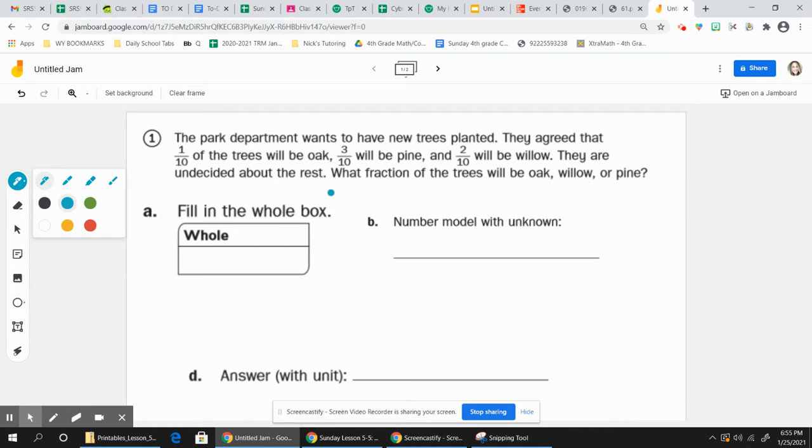So the first thing that we can fill in is the whole. So the whole is going to be all of the new trees that are planted.